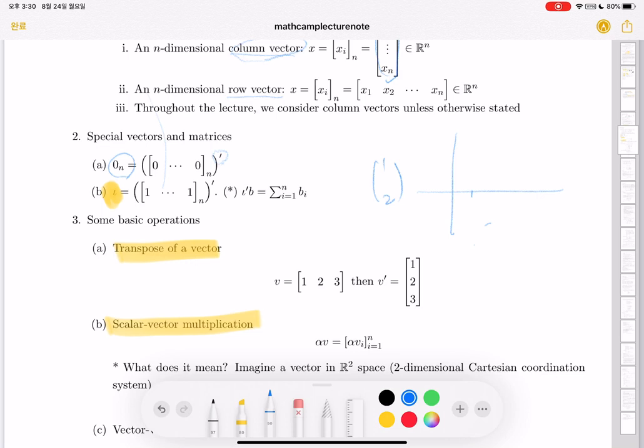Here's 1, here's 2. So this point is the vector 1, 2. When you multiply 2 to this vector, it goes here, to 2, 4. So scalar multiplication is the extension, in a sense, or shrinkage of a vector.